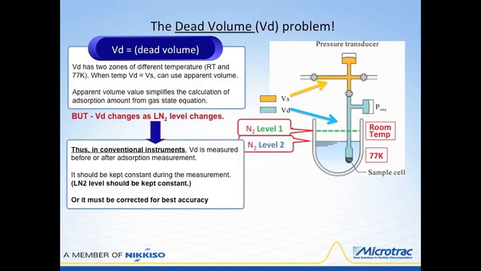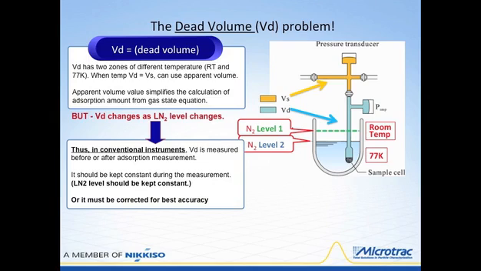Now, the issue here is that when a sample tube is immersed in liquid nitrogen, the liquid nitrogen, because of its vapor pressure, will boil off at some rate unless it's prevented from doing that or constant refilling is performed. Now, that becomes important because typically in most instruments, that dead volume is measured before or after the adsorption measurement.